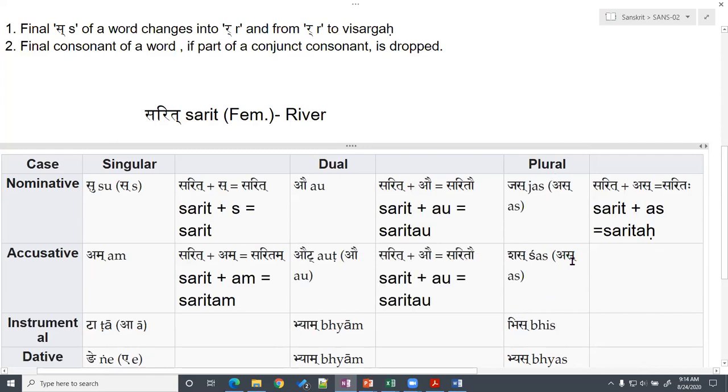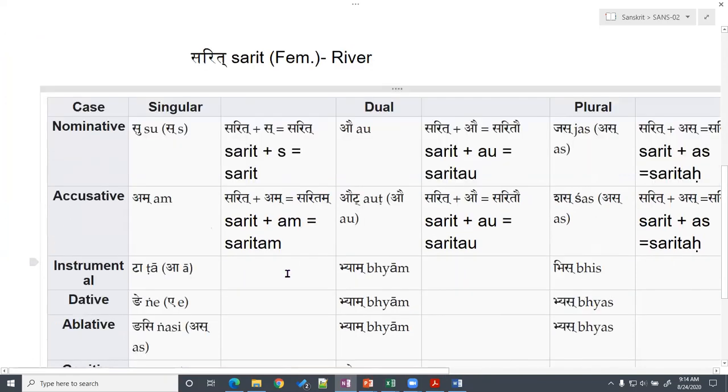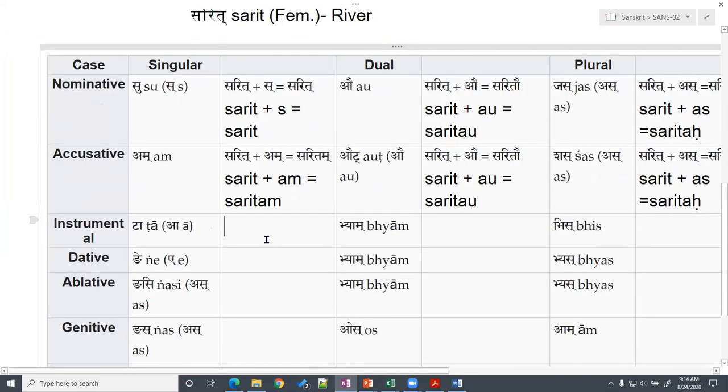And here also it's us, same us, so it remains the same. Now this one, sarit plus a, so it will become sarita. Sarit plus a is simply sarita.